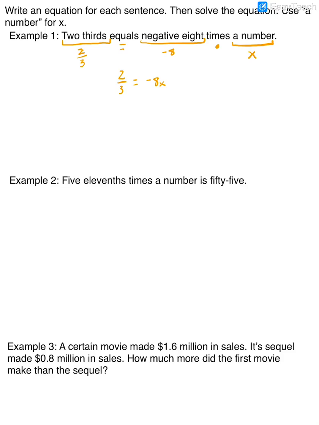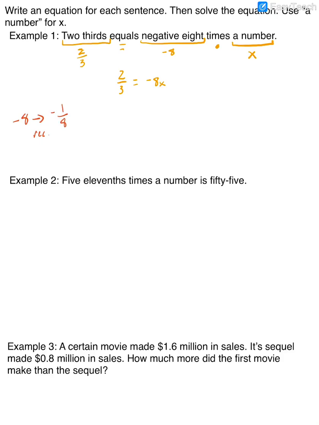Now this one's a little bit tricky because you have a fraction on the other side of your equation. So that means that dividing both sides by a number is not as easy as it looks. So one thing you can do is use our reciprocal idea that we talked about before, which is very useful here. So the reciprocal for negative 8 would be negative 1/8.